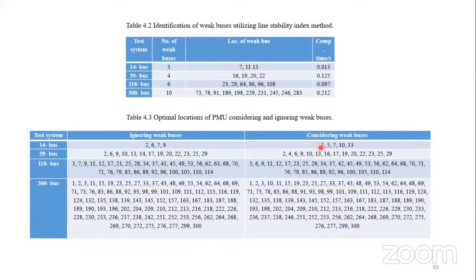But I have achieved 3, 5, 7, 10, and 13, so we are monitoring 7 and 13 directly in the case of the 14 bus system. Similarly, we can see this in the 39 bus system and the 118 bus system also. There is some increment in the number of PMUs, because if you talk about the normal operation, the number of locations is only 4, but if we consider the weak buses, then it is 5.